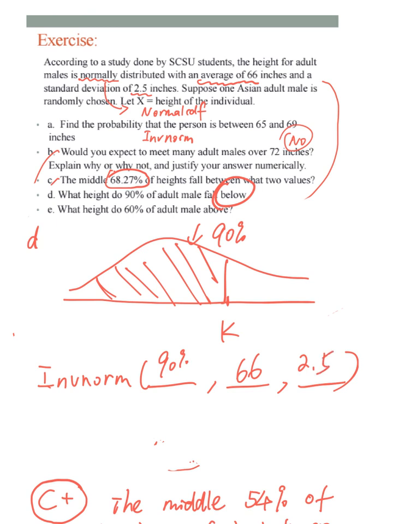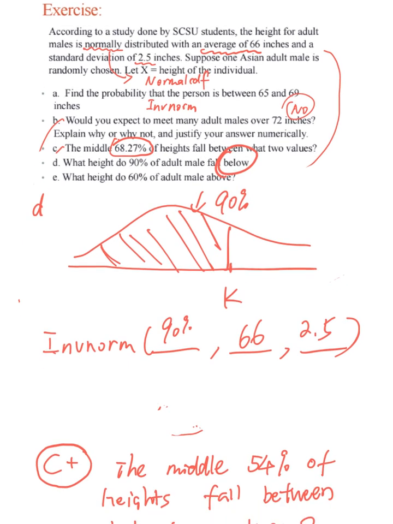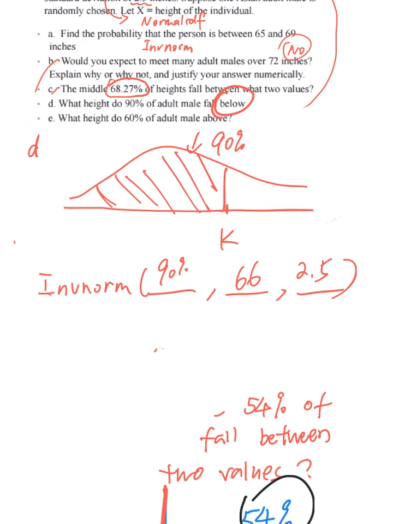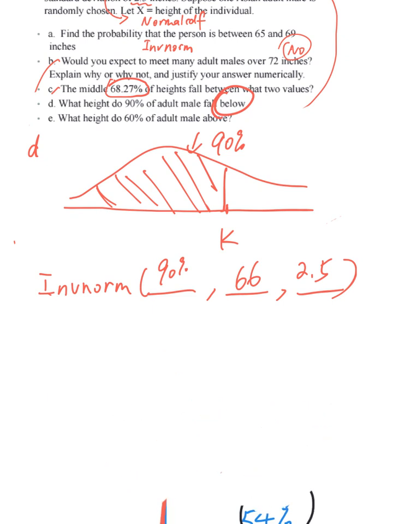And for part E, I will draw another chart. I still use a bell-shaped curve and I still use k, since I don't know where k is. Then I read the question: I want 60% of adults above this value, right?